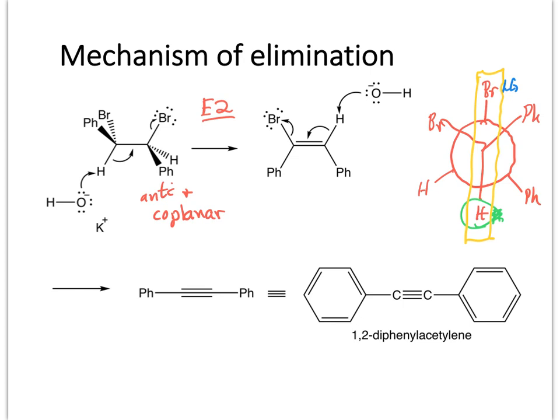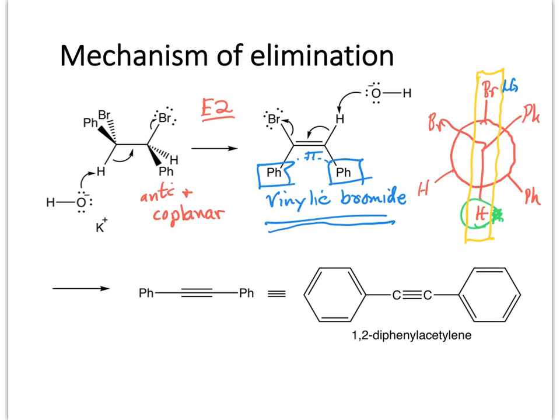Now, our product then is going to be a vinylic bromide. But again, because of the pi bonds in the phenyl rings, the pi bond of the alkene is conjugated with the systems in the phenyl rings. That makes subsequent reaction easier than we would expect for a vinylic bromide.